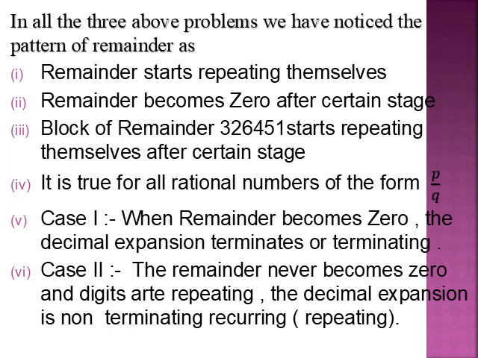Either a single digit repeats or a block of digits repeats, as in the second and third divisions. So this type of decimal expansion is called non-terminating recurring type decimal expansion.